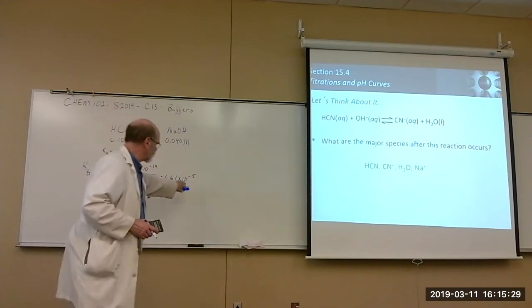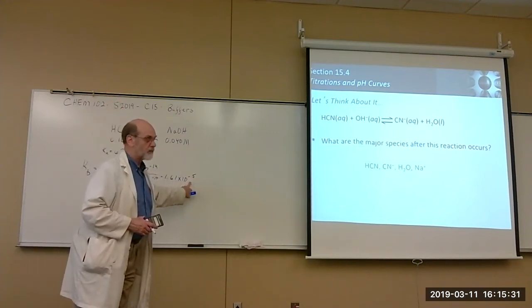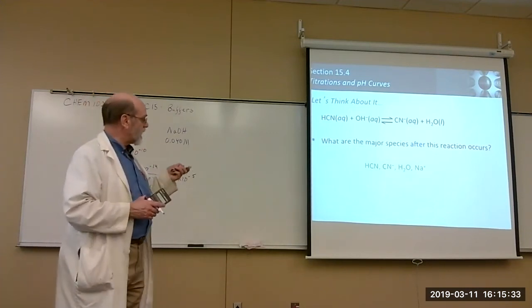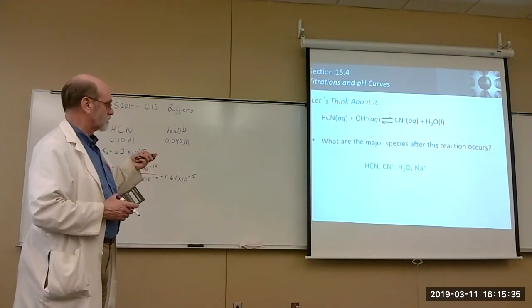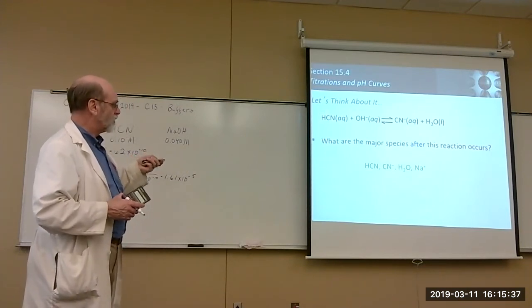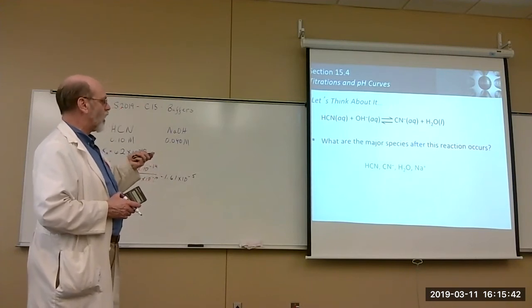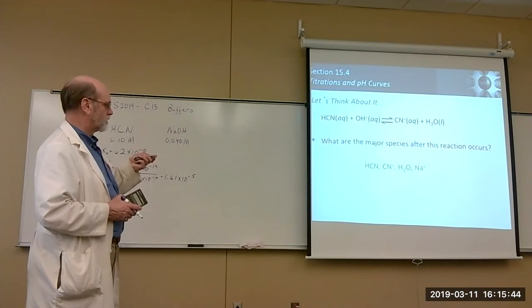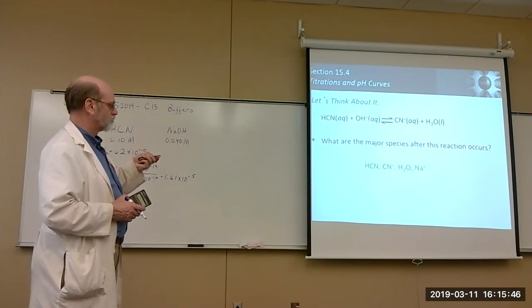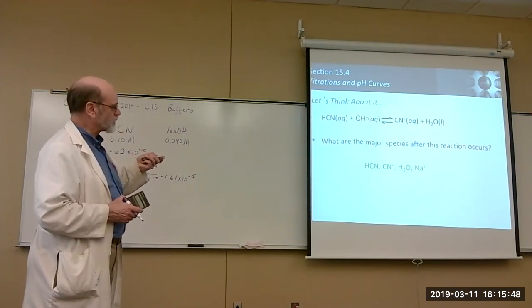Well, it's still a very small number, so we're still going to have a significant amount of this left over. But we will have some of this also. And all of this is going to be consumed in the process to produce some of that.